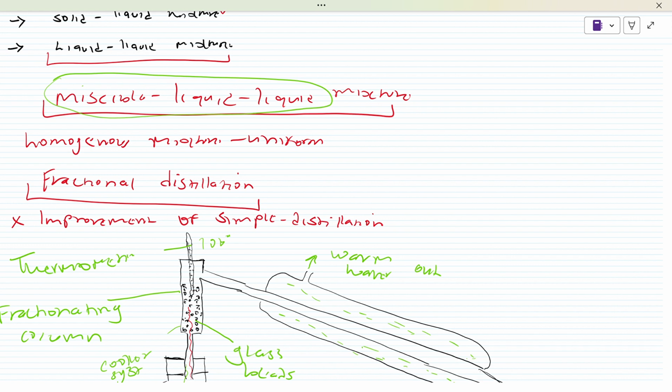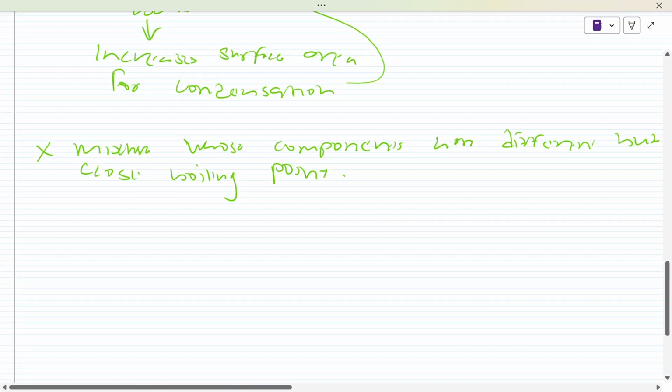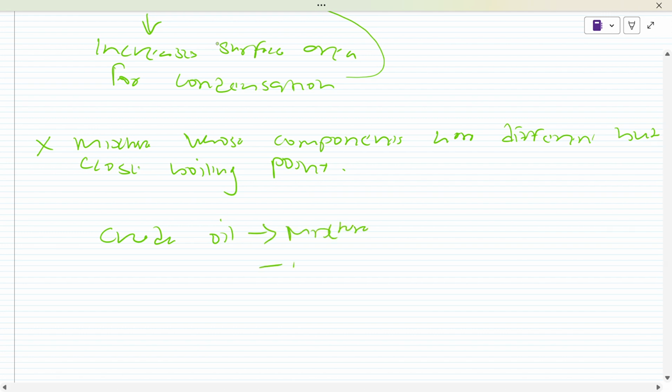You realize that whenever we are refining oil from crude oil, we have different substances. We can have petrol and paraffin mixed together. So crude oil is a mixture. It contains paraffin, or kerosene.